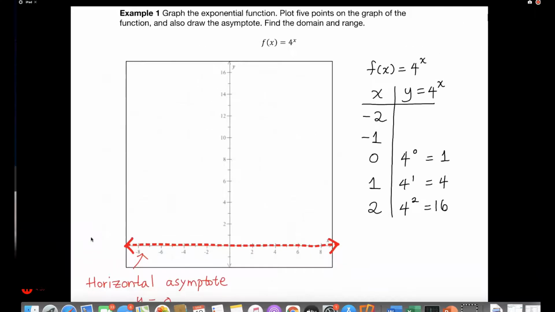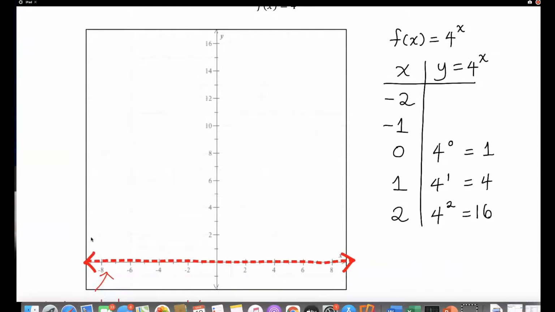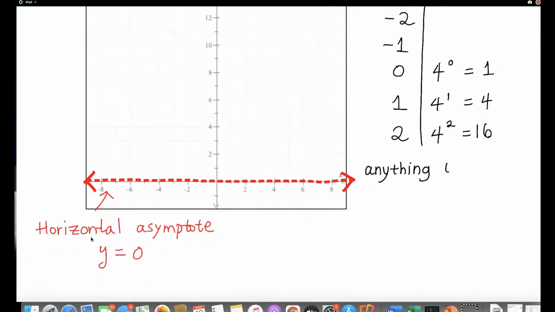And maybe another important note here. Anything to the 0 power is always 1. It's not 0. Remember, anything to the 0 power is always going to be 1.